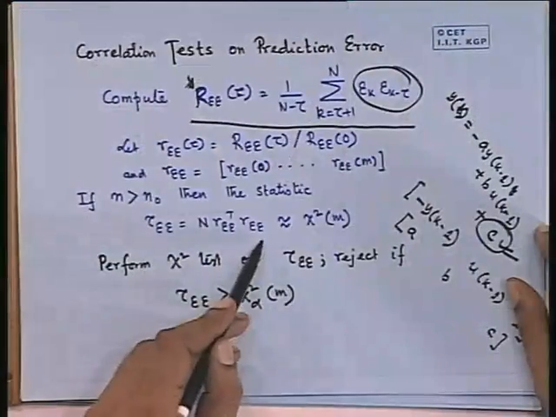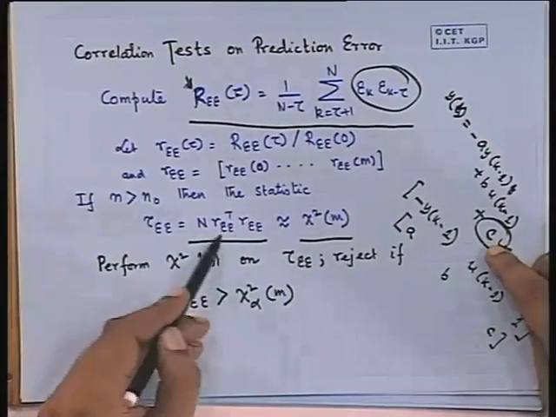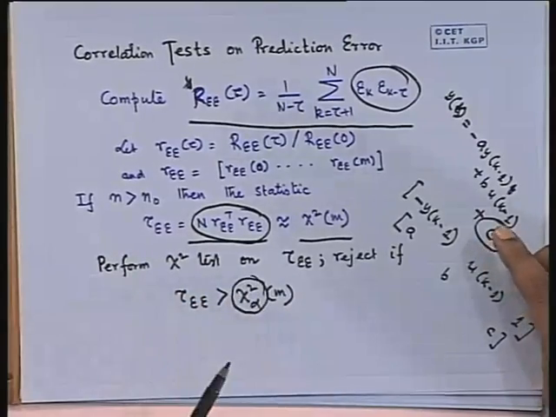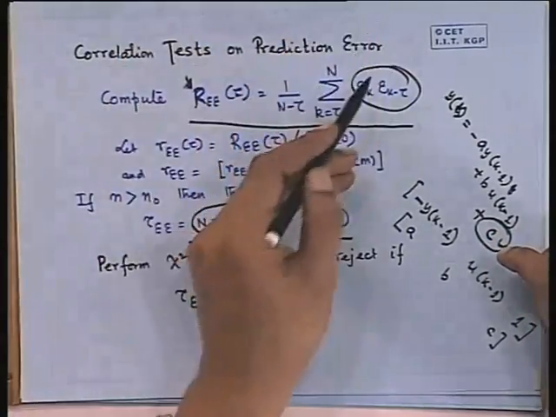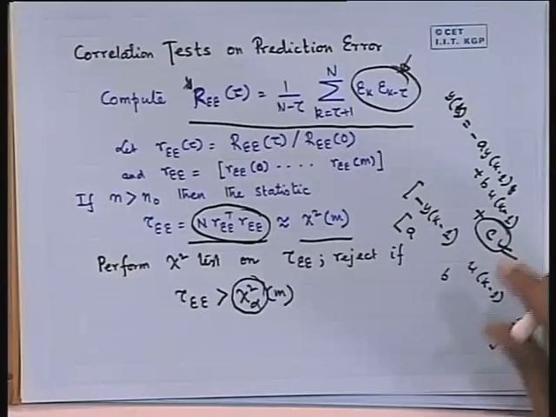If tau is anything greater than 0, the correlation should fall sharply. Then it is uncorrelated. So you have to form a statistic and then check whether this quantity is chi-square distributed, because you are checking for correlation, which is like a product of variables. So again the distribution is going to be chi-square.